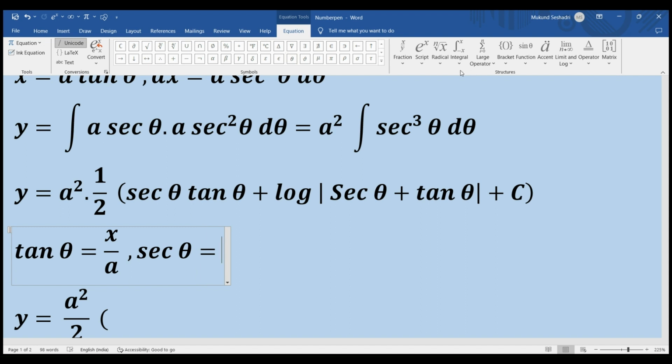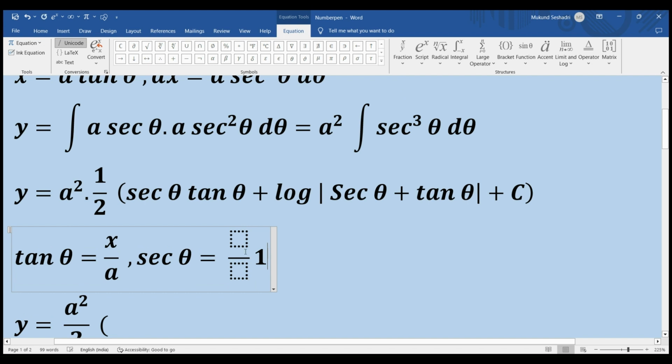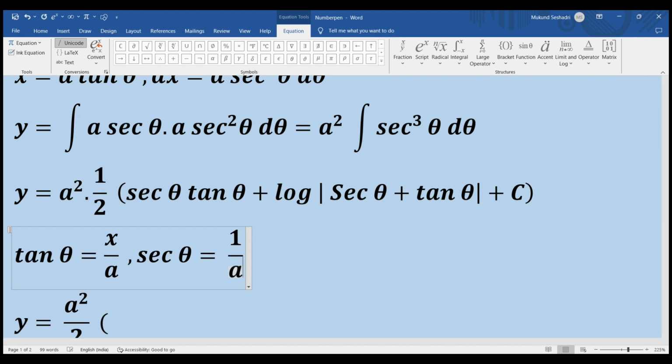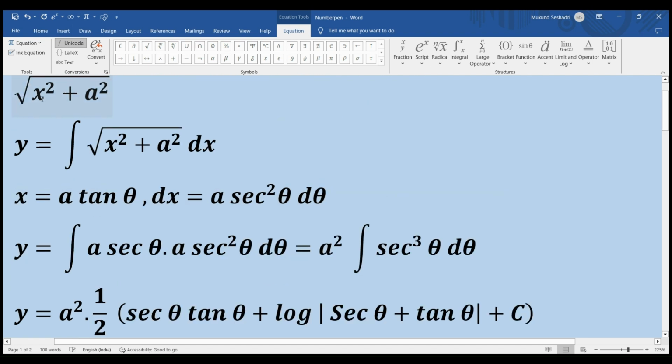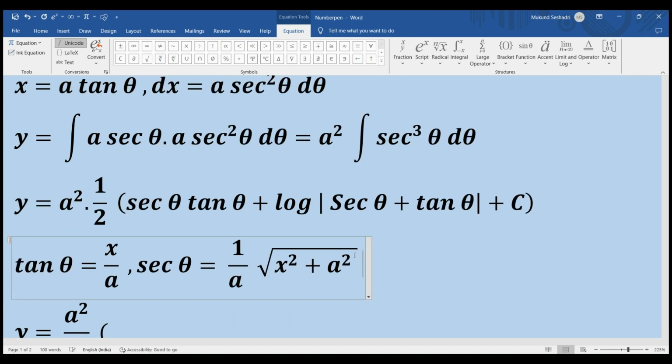It is nothing but 1 by a times, okay? Reason being, I pull the a outside the square root, and then I get a square plus x square inside the square root. So that's my secant theta. I have my tan theta, I have my secant theta.